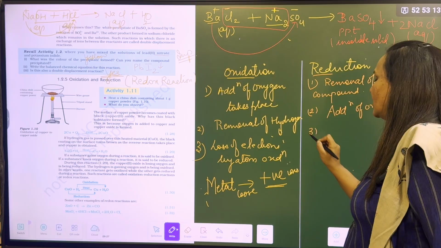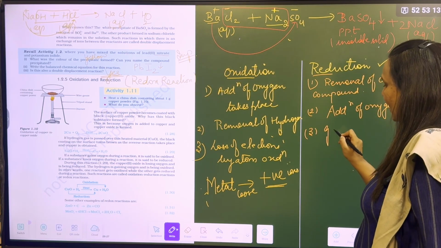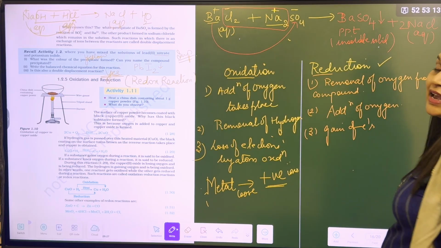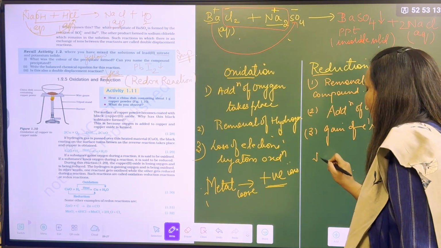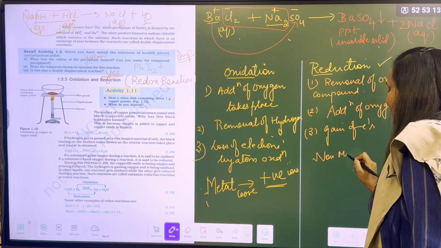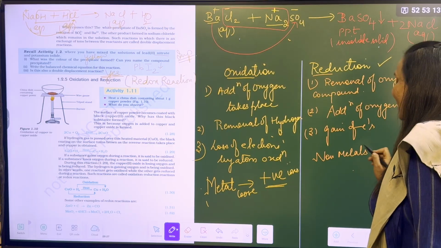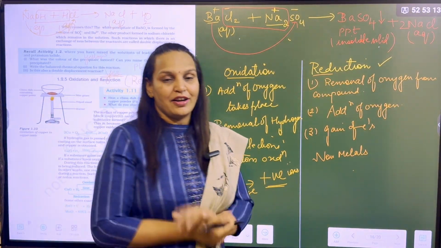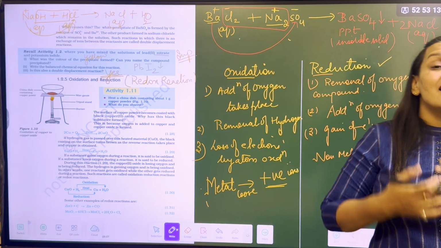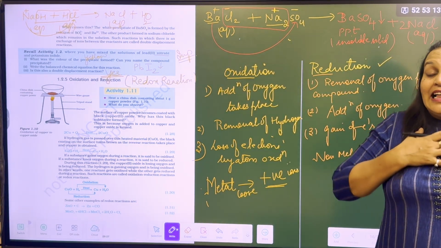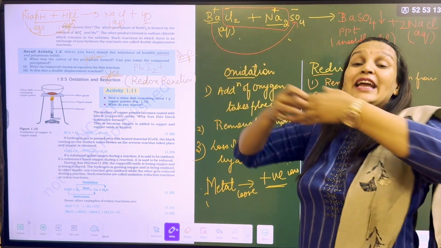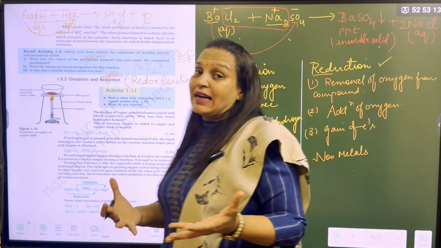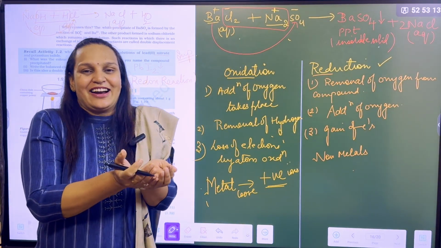What is the third? Gain of electrons. And who gains the electron? Non-metals. Shall I tell you one thing here, if you want to learn in a fun way? Metals are rich-hearted. They lose the electron. They donate the electron. Non-metals are like beggars. They accept the electrons.